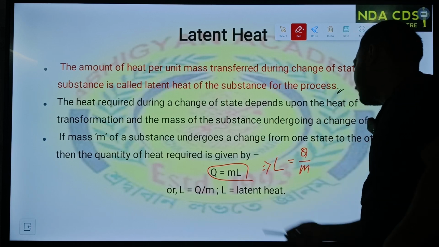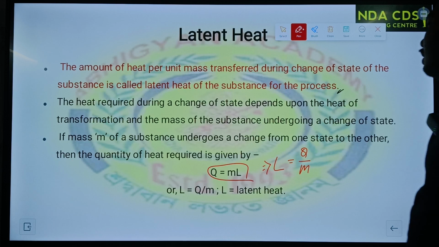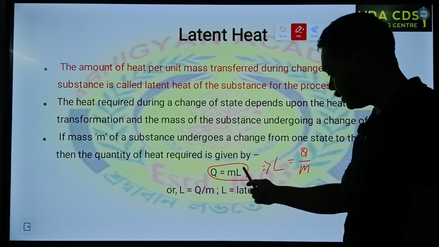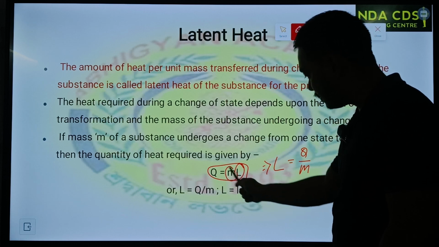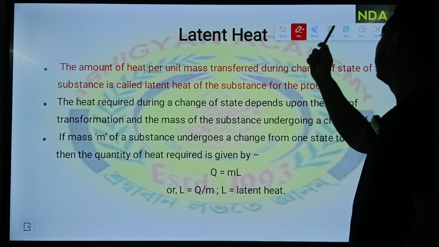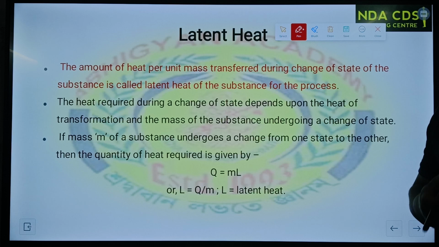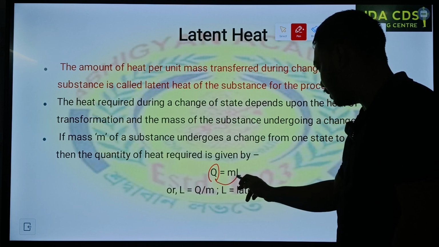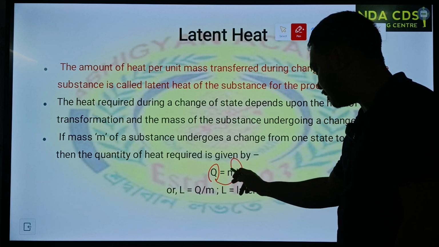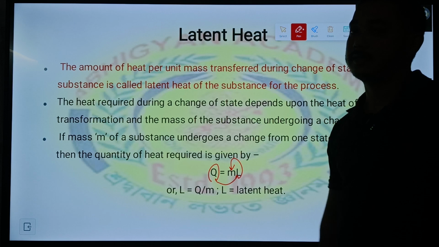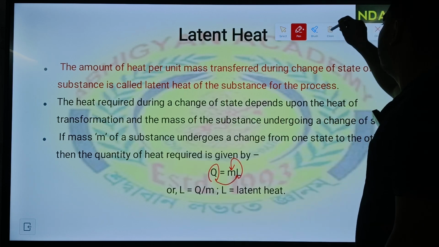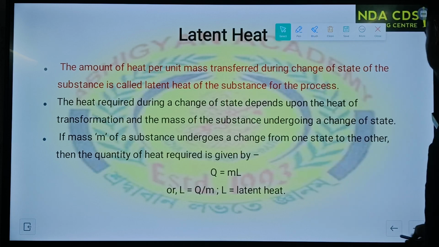M is the mass of the substance, L is the latent heat, and Q is the quantity of heat required to achieve that amount of latent heat for a specific mass. Amount of heat required to achieve this amount of latent heat for a specific amount of mass. This is how you can remember the formula, this is the logic you can apply.